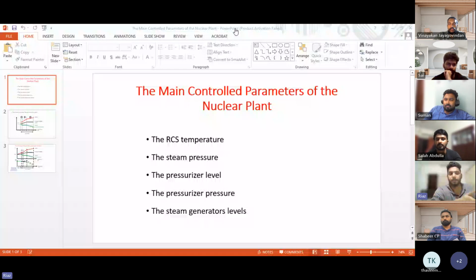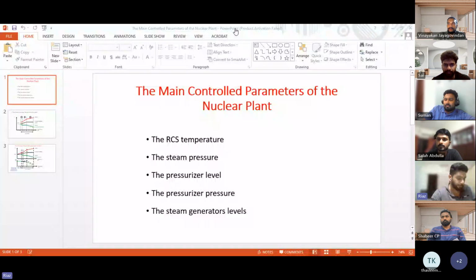In ACT mode, the reactor power is matched with the turbine power in steady state conditions. That's the point you have to note.